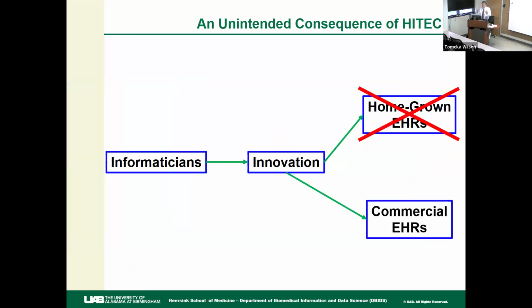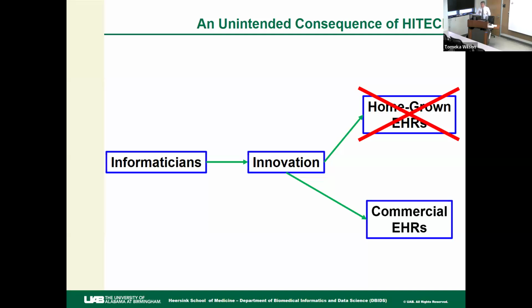One was the homegrown systems and small companies that were building innovative things based on those homegrown systems went out of business. The commercial EHRs that were in place at the time, I'm blanking on the year, they were all in place, Epic, Cerner, Allscripts. And so they didn't have to innovate, they could just sell a product.